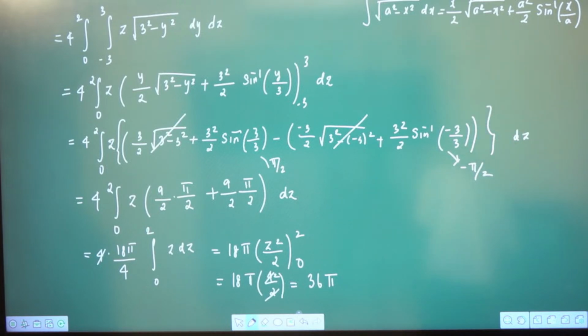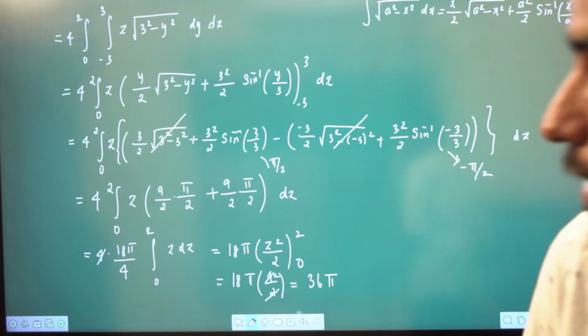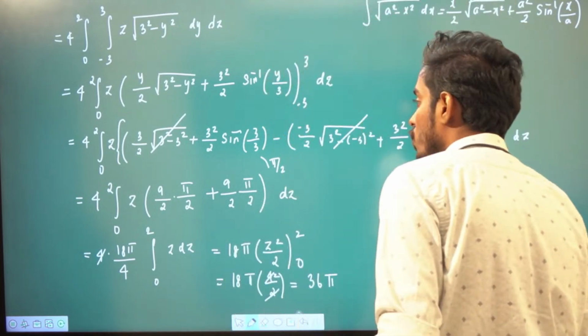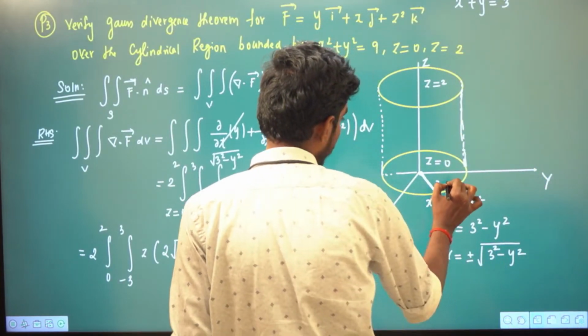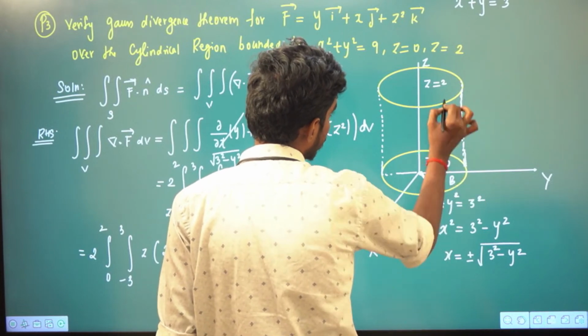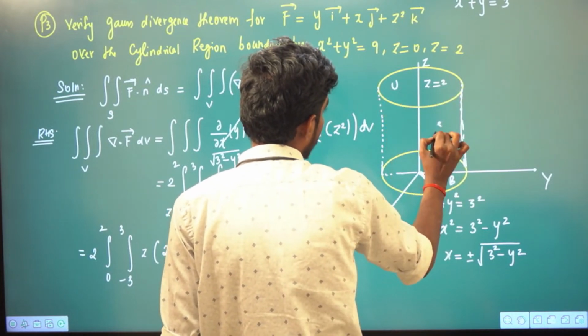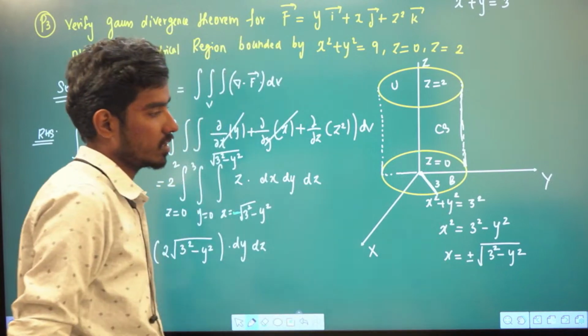Yes, thank you. Now we will find the surface integral, right? Now let us call this bottom, let's call this upper, and let's call this curved surface, just for understanding.